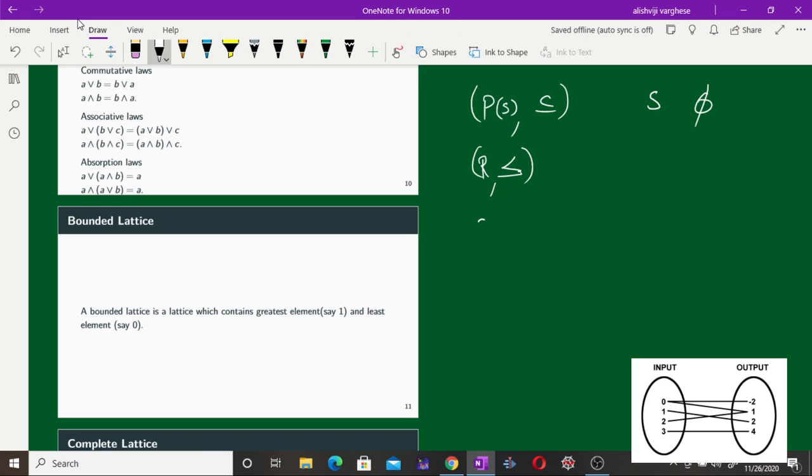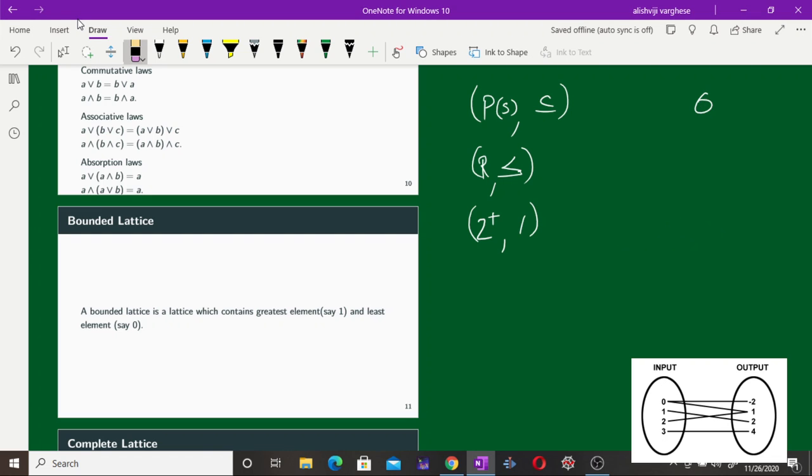And if we consider the set of all positive integers together with divides, then it has a minimal element which is 1, the least element 1, but there is no maximal element, and therefore it is not a bounded lattice. So that's the concept.